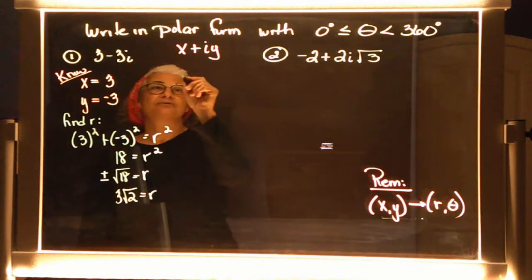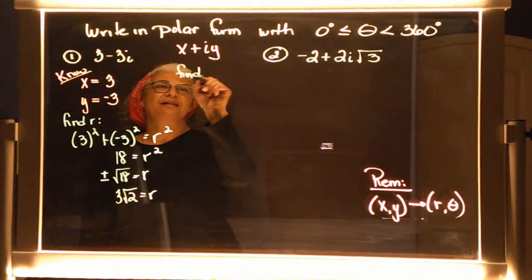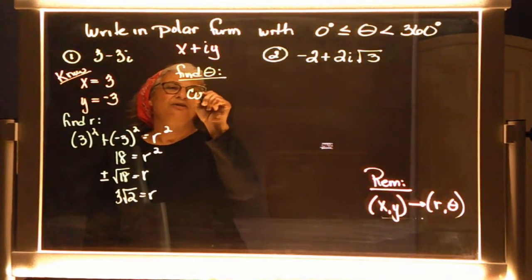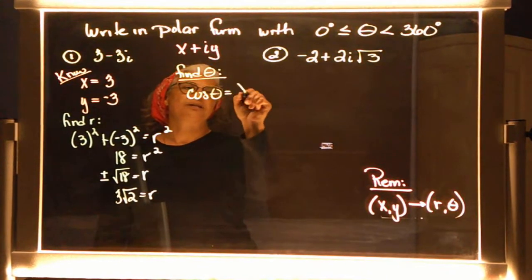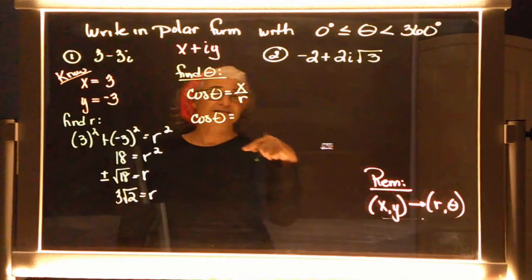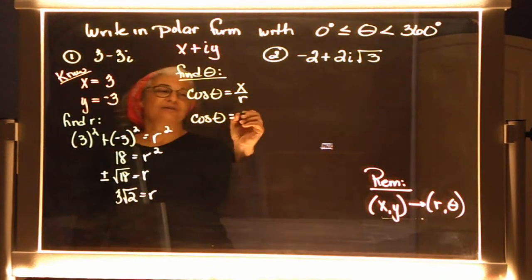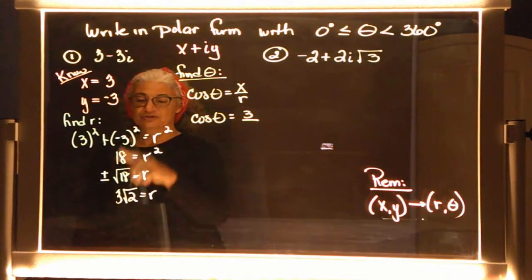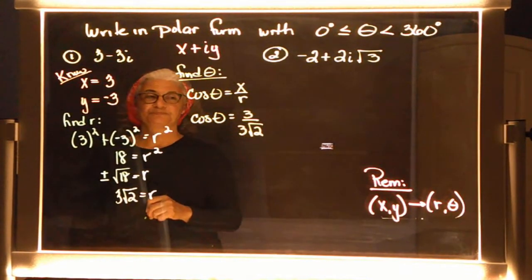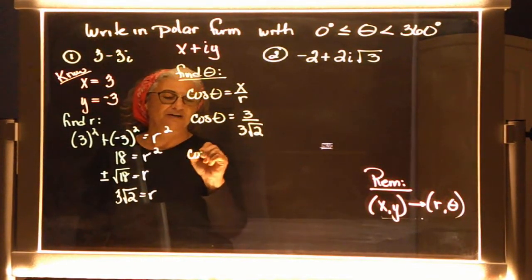Okay, so I'm going to find theta, and I'm just going to use the cosine of theta equaling x over r, which means the cosine of theta in this case is, that's right, 3 over r, which is 3 square root of 2. This can be simplified, can it not?